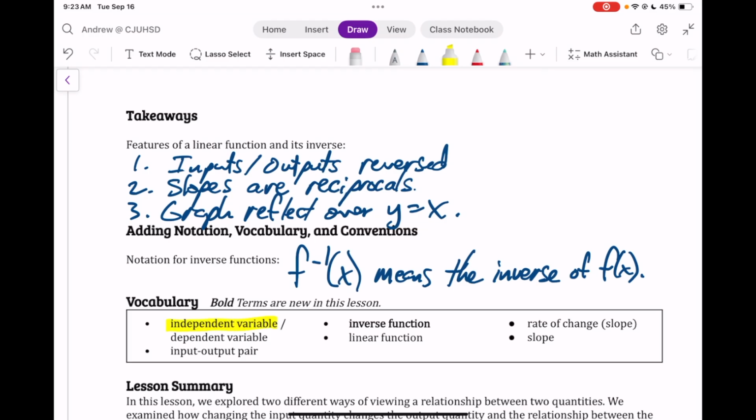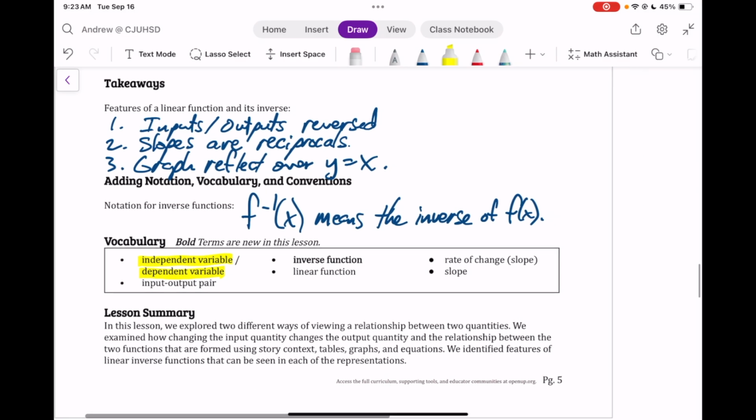Independent is along the x, dependent is along the y. A point is an input-output pair. We talked about an inverse function. These have been linear functions. The rate of change, the slope, is always the change in the dependent variable divided by the change in the independent variable. So the change of y over the change of x, in other words.